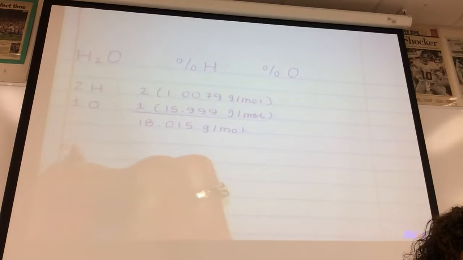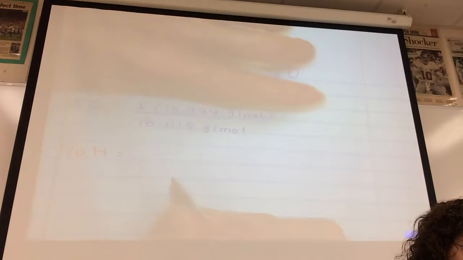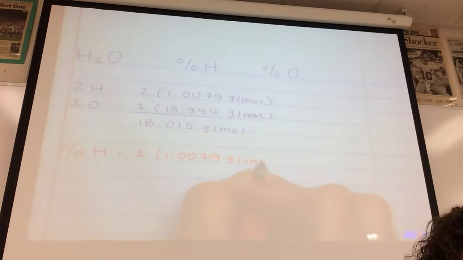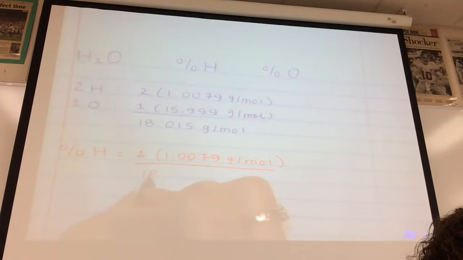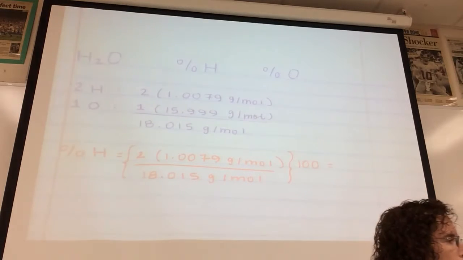To get the percent of hydrogen, we're going to use this piece because we had 2 H's times its molar mass over the molecular mass, and we're going to multiply this by 100 to make a percent.